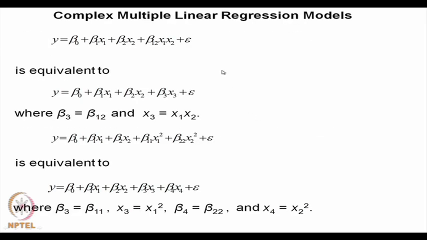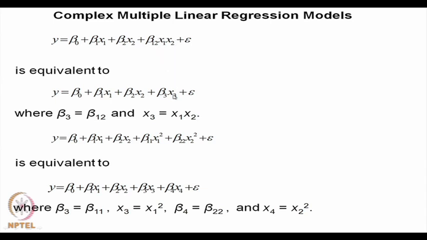Now, we can have complex multiple linear regression models. Suppose we have an equation such as this, beta 0 plus beta 1 x 1 plus beta 2 x 2 plus beta 12 x 1 x 2. Even though it is written x 1 x 2, x 1 and x 2 are numerical values, therefore the product is also a numerical value.